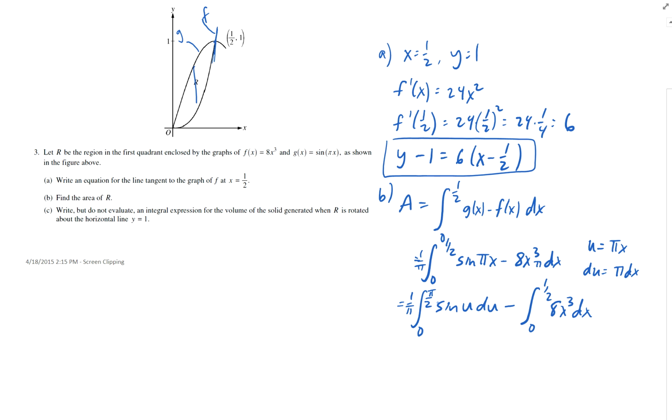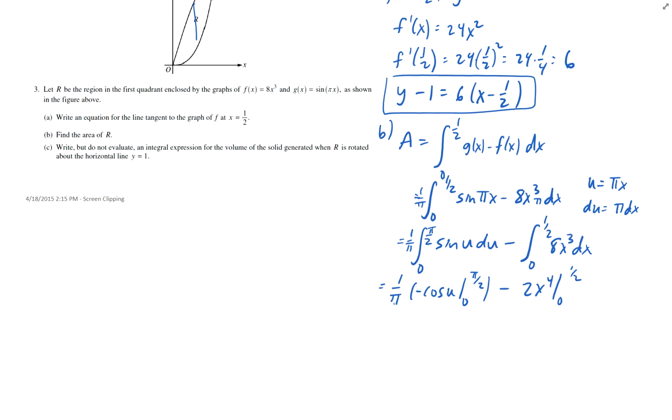Does that make sense? I should have split these up first instead of trying to put the pi in here, because then what do I substitute for x? It makes it too messy. So if I split them up first, when there's subtraction, then I just keep them as two separate integrals. So then this becomes 1 over pi. Integral of sine is negative cosine u from 0 to pi over 2, minus, this becomes 8x to the 4th over 4, which is 2x to the 4th from 0 to 1/2.